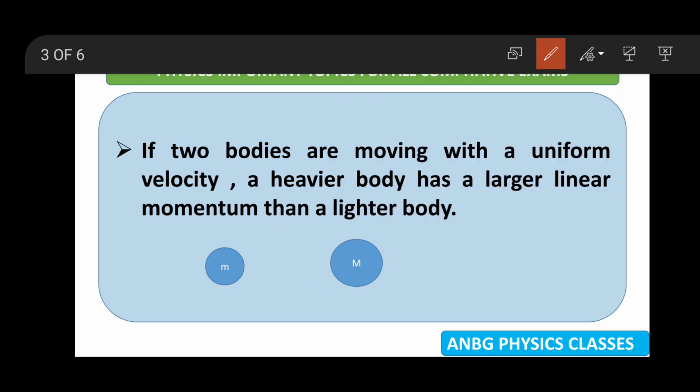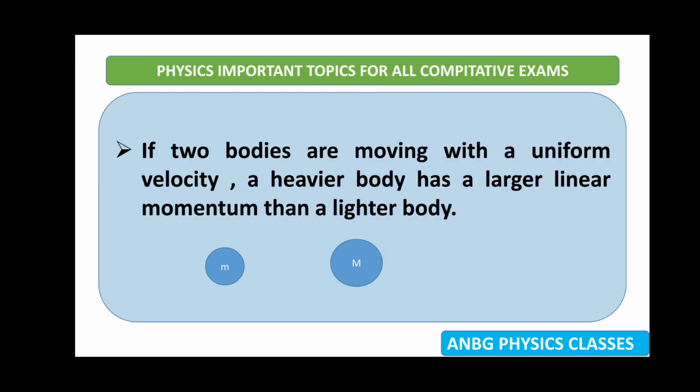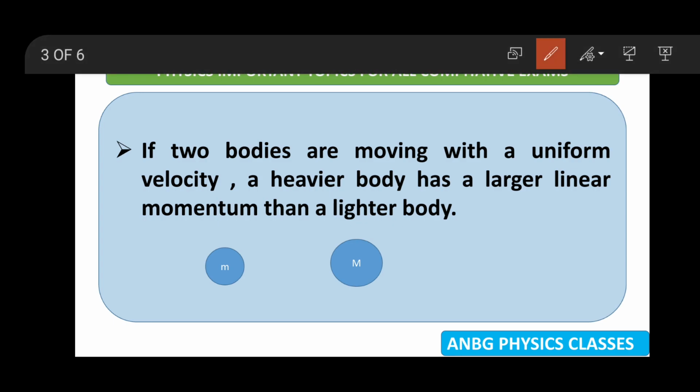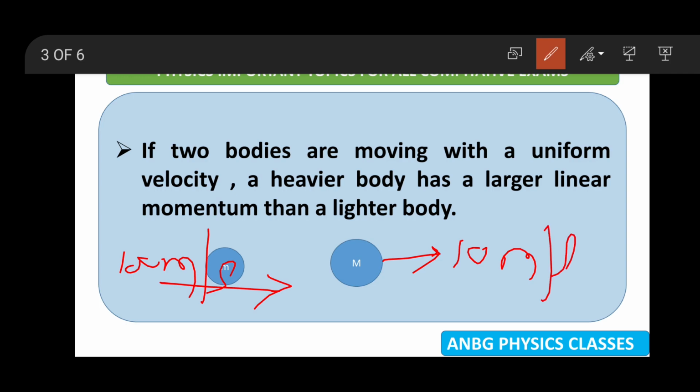With that, one more thing. See, this smaller object is moving with a velocity of 100 meter per second, and this bigger object is moving with 10 meter per second.